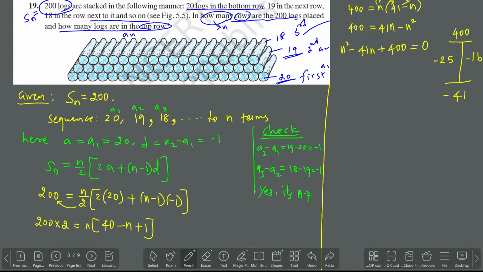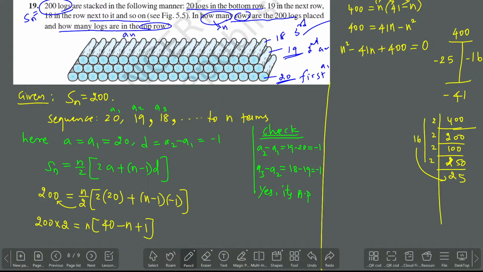Otherwise, you have to go for prime factorization. 400 when you divide, you will be getting an idea. If you don't have an idea, don't worry. 200. What am I getting? 100. Again 25. 50. Again, if you go 25. This is what now? 16. 16 with 25, you will be getting it. Like that you think. Okay, you will be getting it easily.